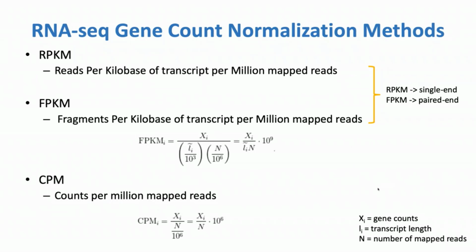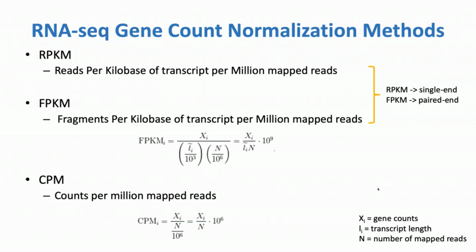Okay, so these are common methods that are used to correct RNA-seq data. Let's talk about the first 2: RPKM and FPKM. They're virtually the same thing. One applies to single-end reads and the other to paired-end reads.